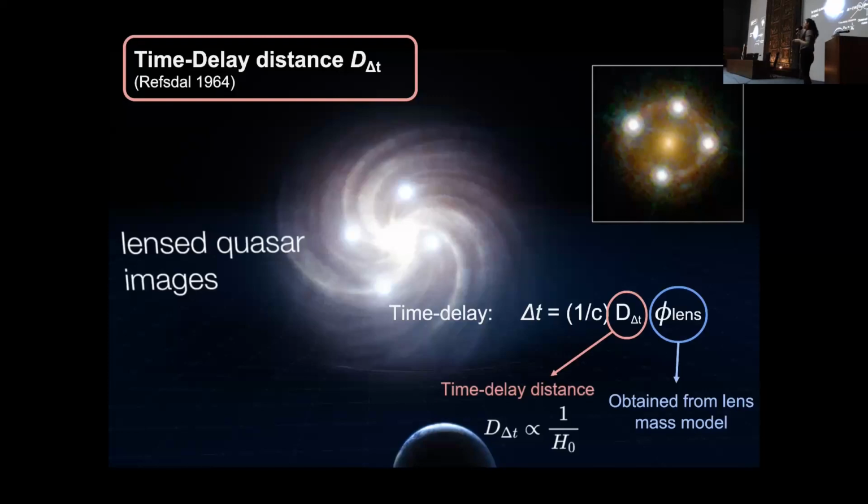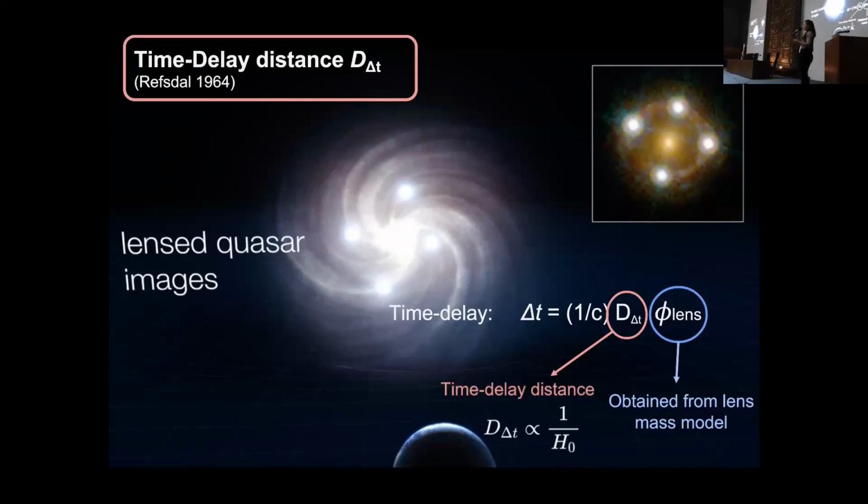If we combine this time delay with a lens mass model of the lens galaxy, we can obtain a way to measure the Hubble constant. So we just need to measure a very good time delay, and also the lens mass model of the lens galaxy.